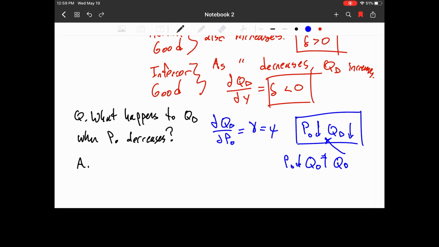And from gamma, we know QD is going down. So in this way, we have this relationship between Q0 and QD, and they're moving in opposite directions. So what this means is that Q0 and QD are substitutes.